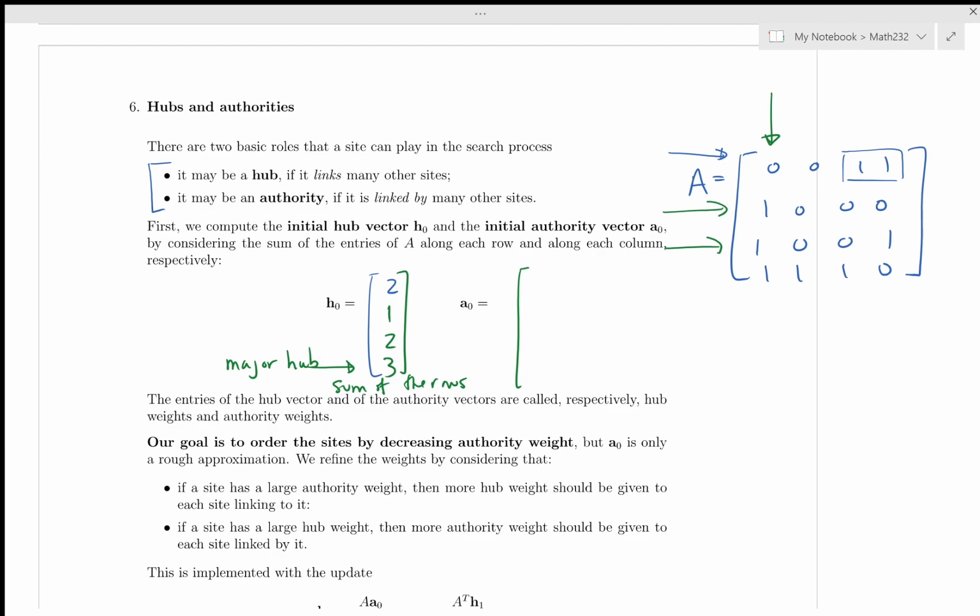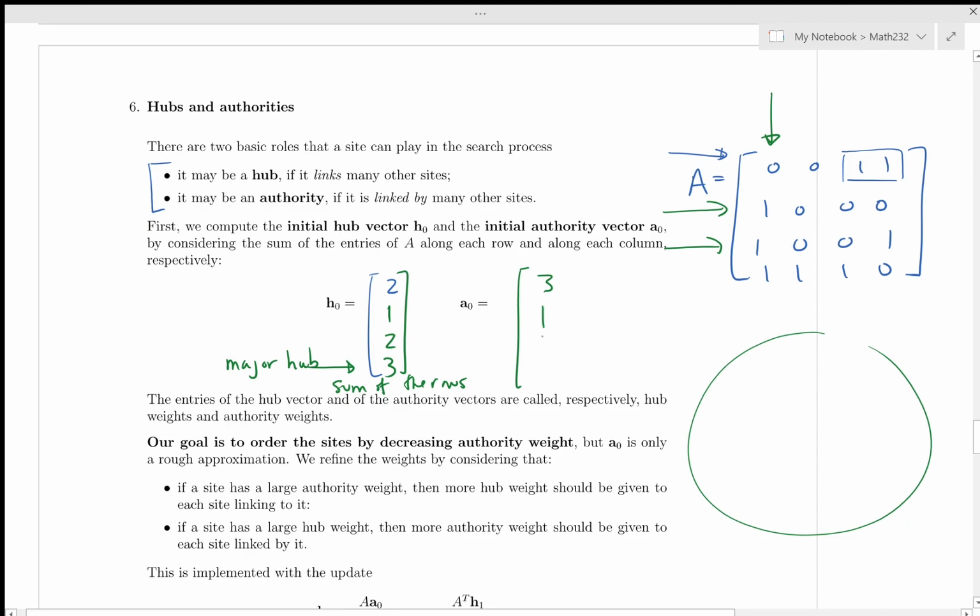That is the sum of the numbers in the column. Refer back to the picture, or draw the page 1, 2, 3, 4 thing here, and you can see it as well. Adding up the numbers in the columns: 3, 1, 2, 2. So this tells me that site 1 is the greatest authority.